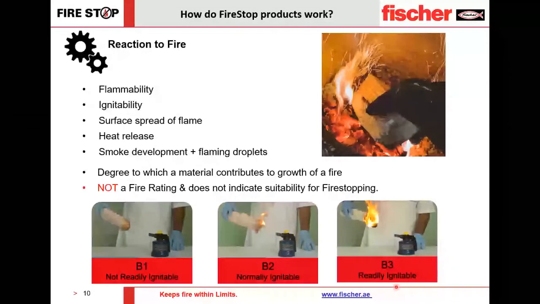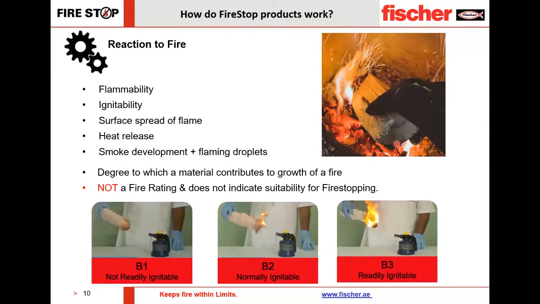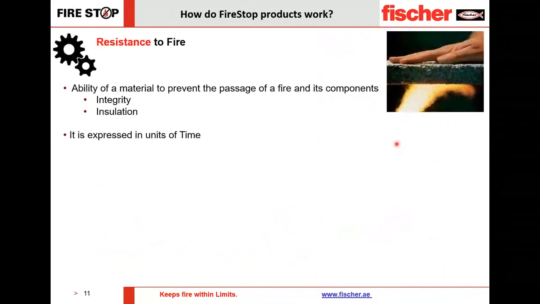So what we see here is a dry wood piece, which everybody knows will burn when it is exposed to fire. However, if you go to any project site, you would see several fire-rated doors which are constructed from plain wood. When we are talking about that rating, we are always talking about the resistance to fire.